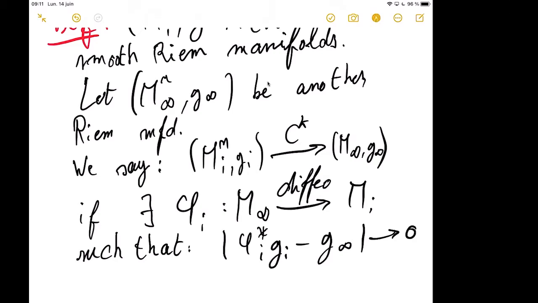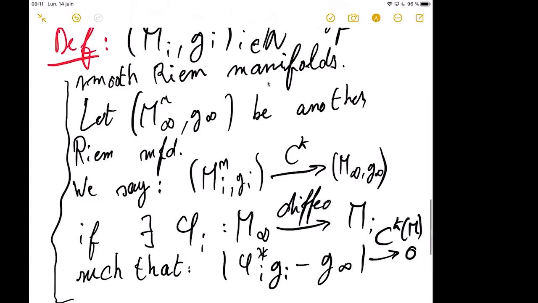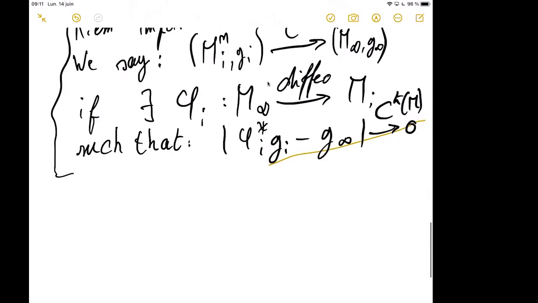And this is going to 0 in C^k of M_infinity. Okay, so that's a first notion of convergence for Riemannian metrics, or sequences of Riemannian manifolds. It has some pros and cons. Maybe let's give some examples.